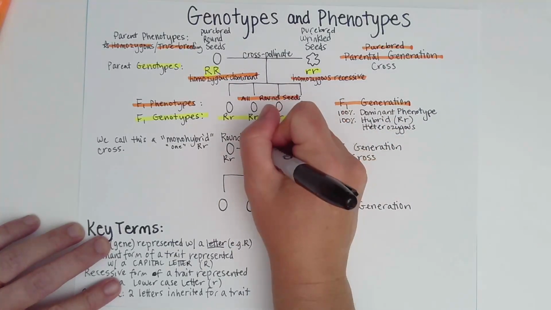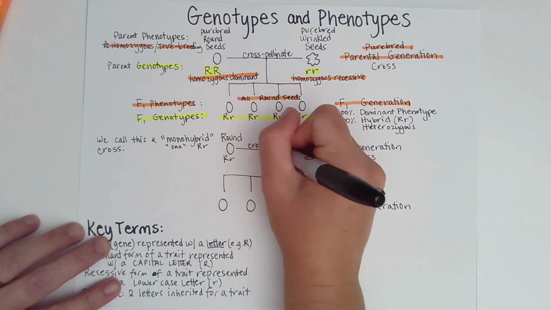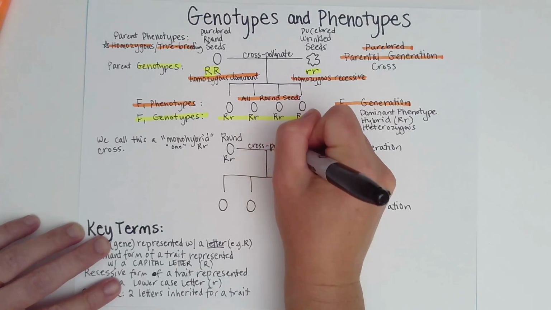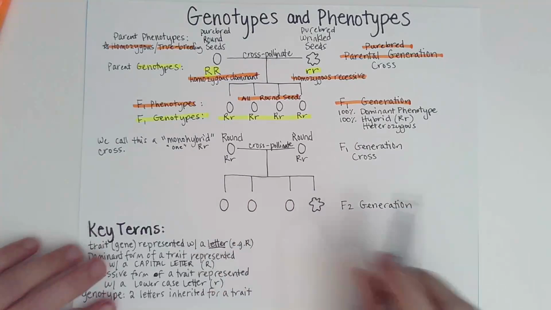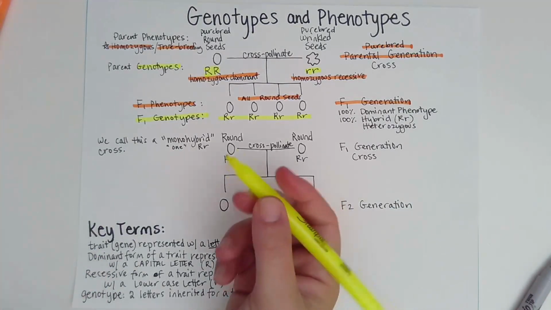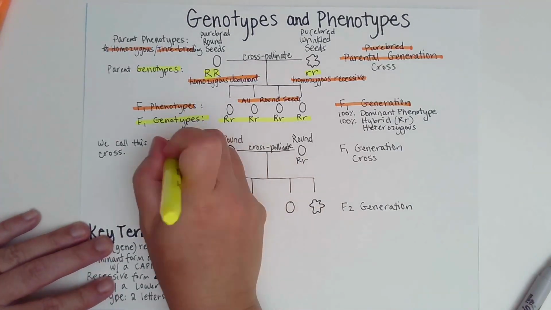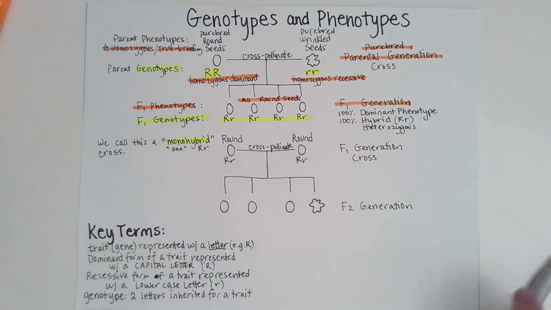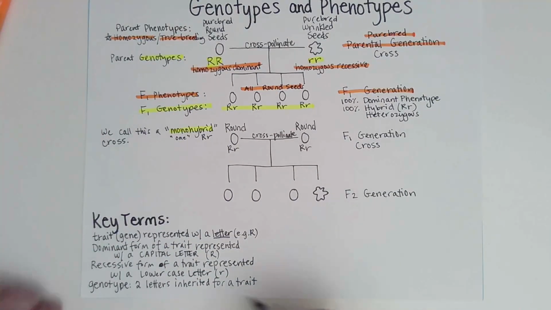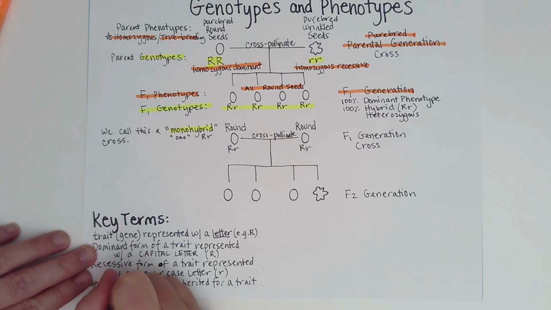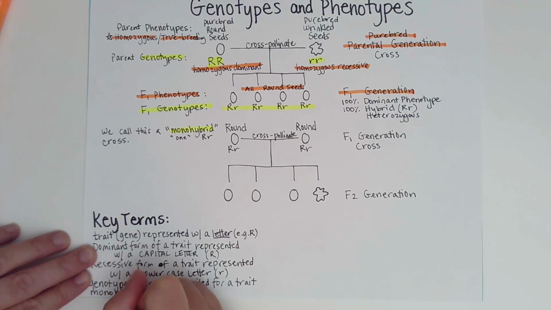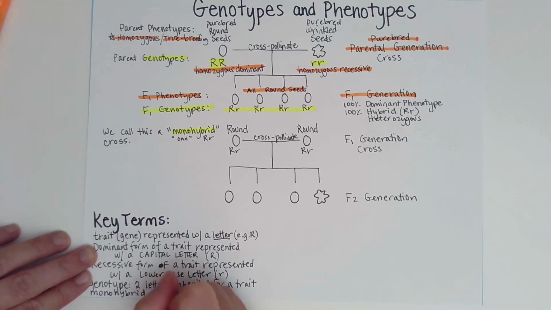So then these would be cross-pollinated in order to get some offspring here. So a new term, monohybrid. And we'll try to fit that down here. Monohybrid cross.